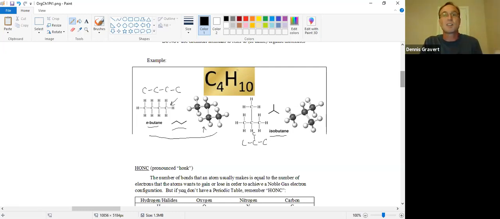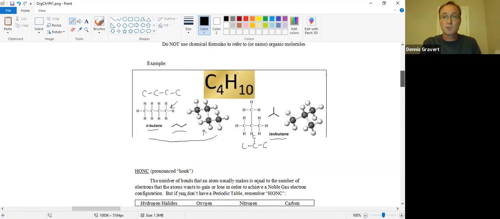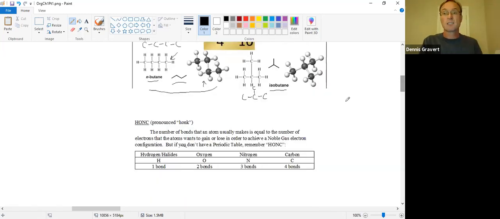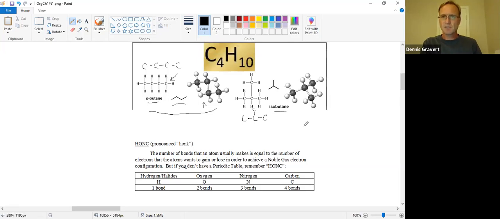Wow, okay, just start putting them together, bond them up, and you can predict the stable molecule as long as you follow HONC. So as you link all those atoms together, just make sure you're not giving carbon 5 bonds or leaving it short with 3. This carbon bonds 4 times. Your nitrogen should have 3 bonds.